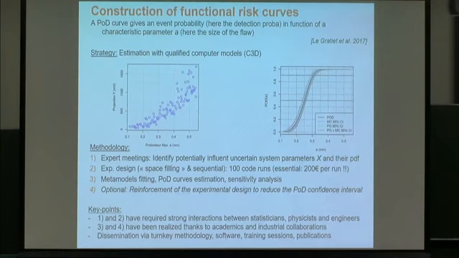Where the size of the defect is very small, you cannot detect it, and where it's very large, you are sure to detect it. But there is an intermediate region where we don't know. Okay, so we want to estimate this curve with our computer model.